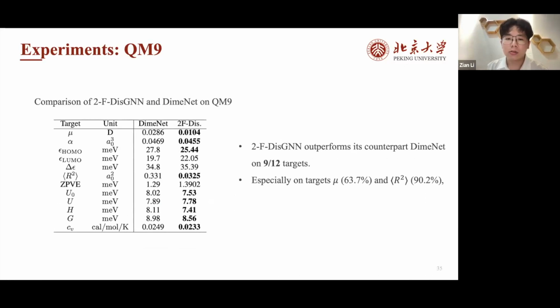We can see 2F DisGNN can outperform its counterparts on 9 out of 12 targets, and especially on these 2 targets where they get an improvement of 60% and 90%. So these experiments really well answered the first 2 questions.